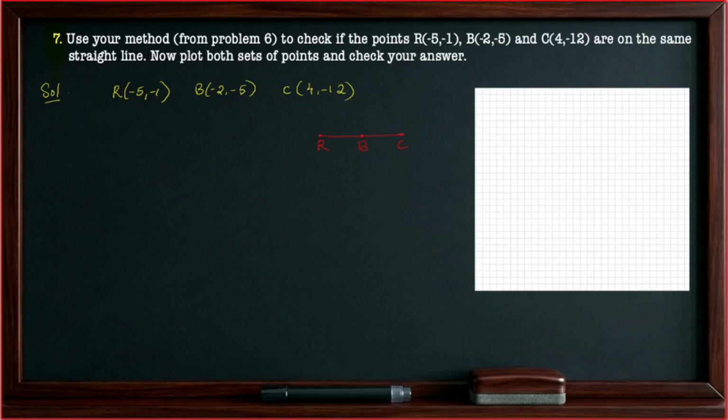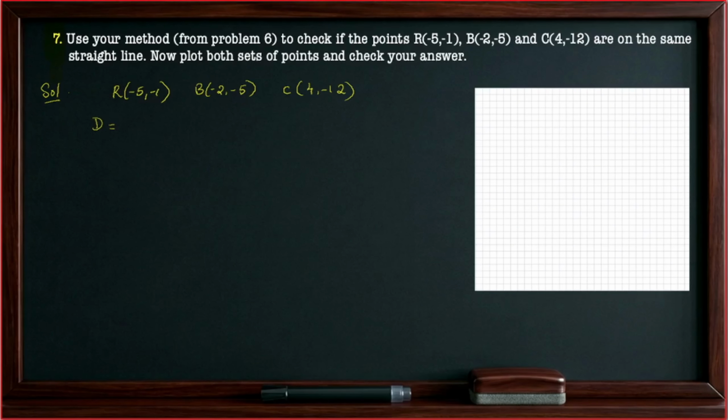So here we have a condition: if AB plus BC is equal to AC, then we can say the points A, B, and C are on the same straight line. Okay. Now let us find the three distances, that is AB, BC, and AC, using the distance formula.